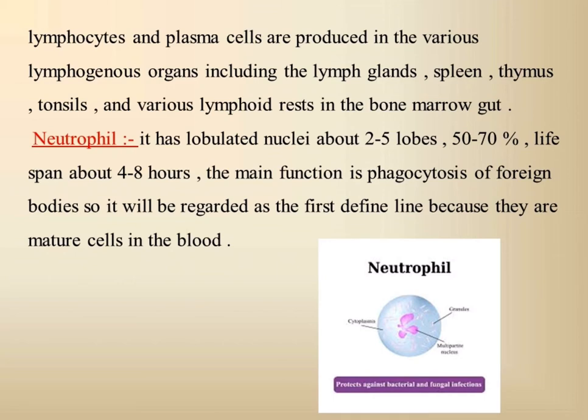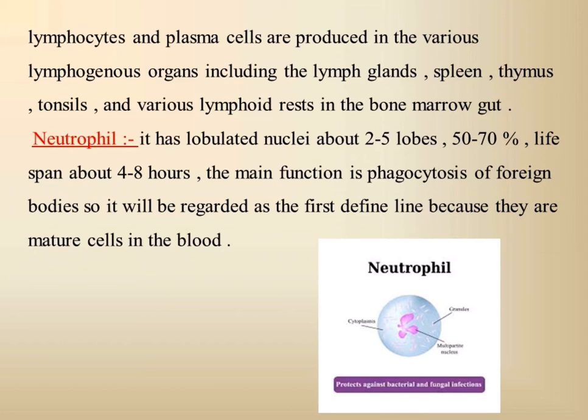The main function is phagocytosis. We must focus on this term, phagocytosis. The main function of the neutrophil is phagocytosis. It is considered the first line of defense because they are mature cells in the blood.